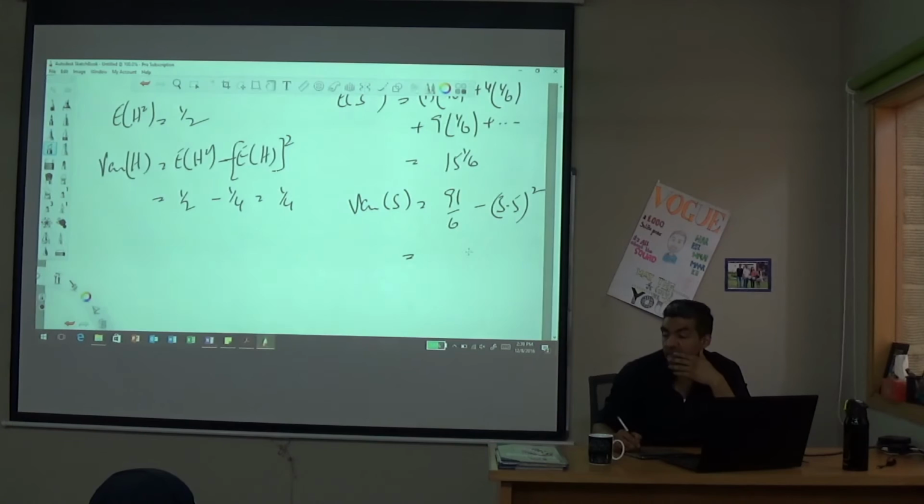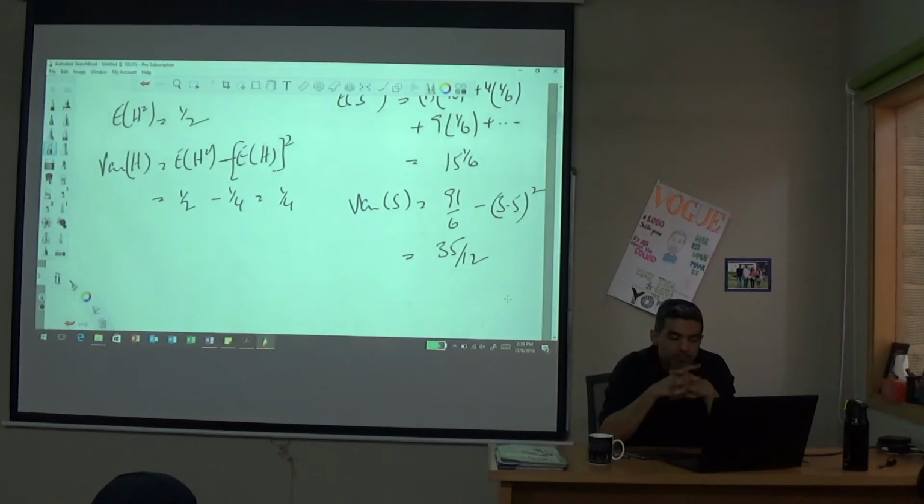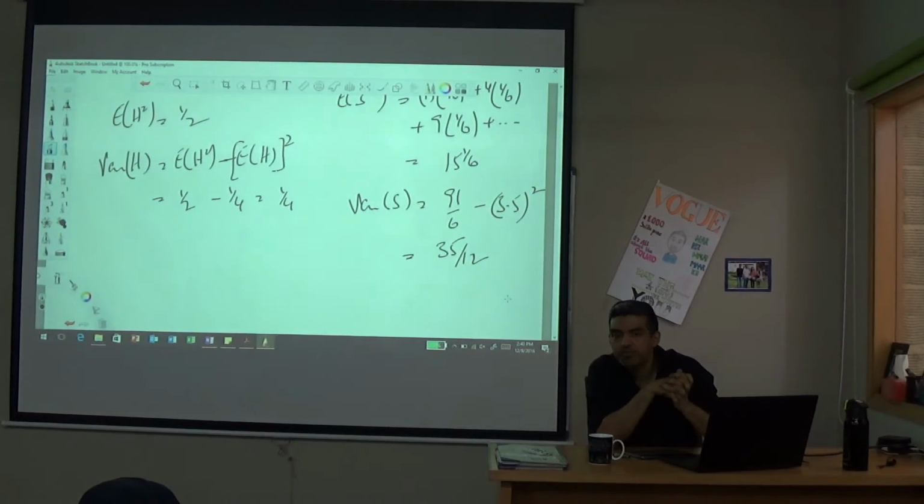Can you give me the exact value here as well, because we're using it later? 35/12. I hope everyone's with me. Is everyone getting 35/12?